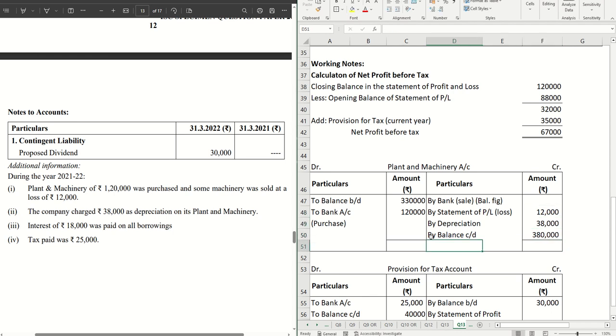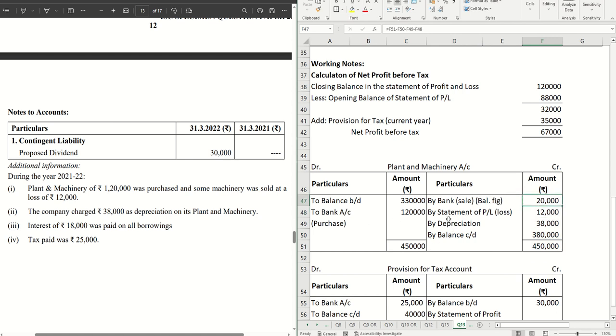So now that leaves us with the balancing figure of the sale amount. So let's calculate how much worth of sale we have made. 20,000 is the selling price.